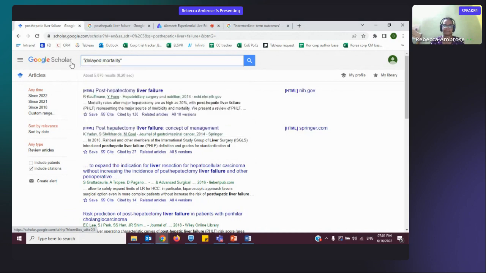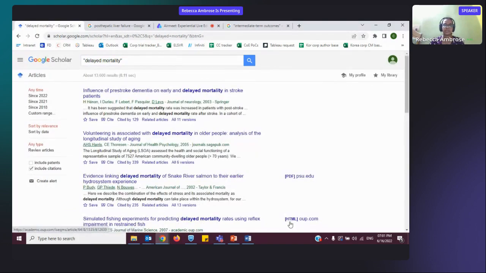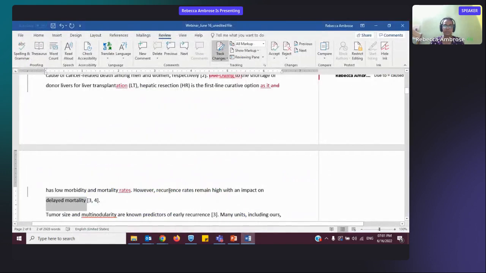But I think one recommendation for the authors would be, it does say that recurrence rates have an impact on the delayed mortality, but just maybe specify what kind of impact it actually has. Like it increases, because otherwise you're saying that it has low morbidity and mortality rates, but here you're saying, I'm assuming, high delayed mortality.